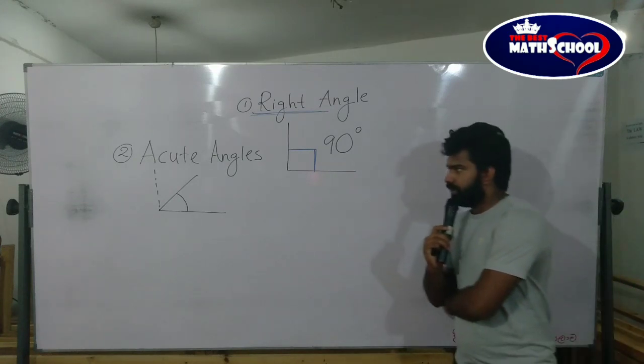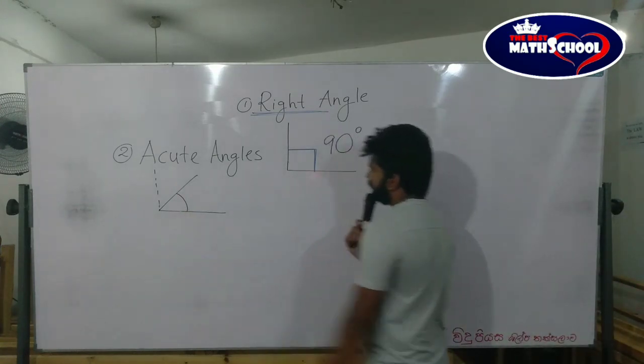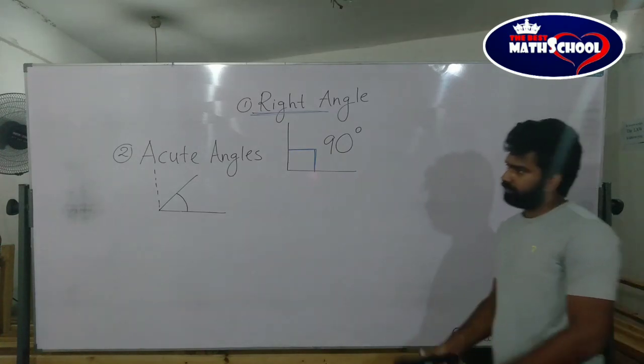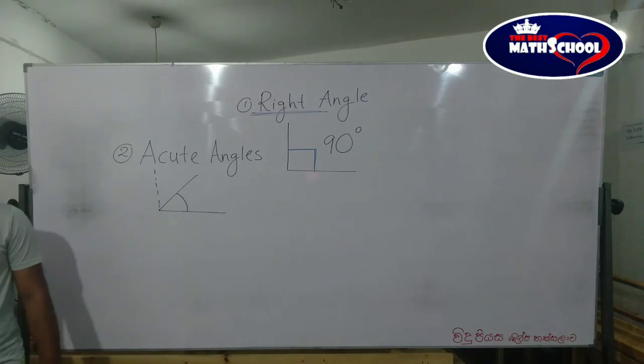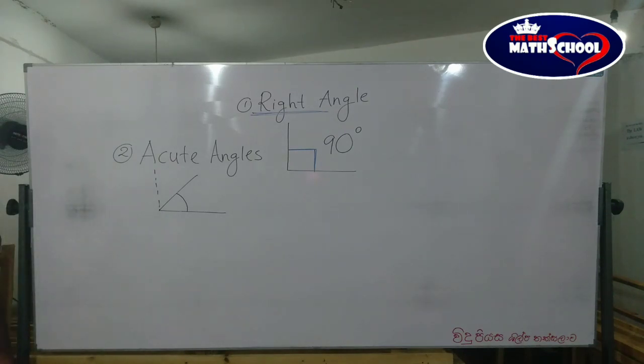So put number 2 and write the topic acute angles. Right. Under the topic acute angles, draw this diagram first. Right.